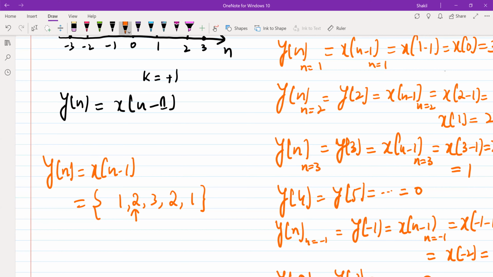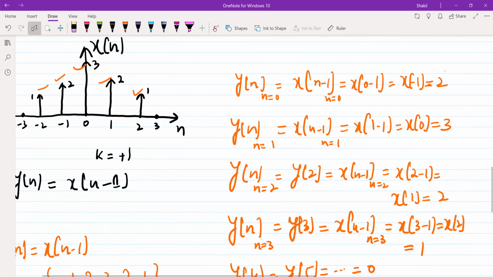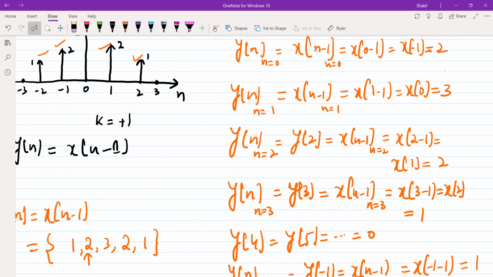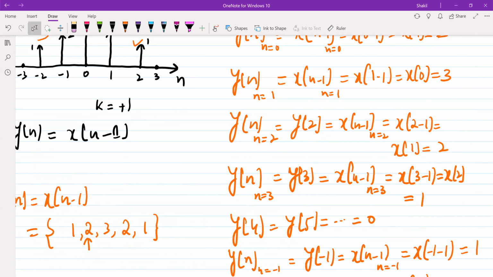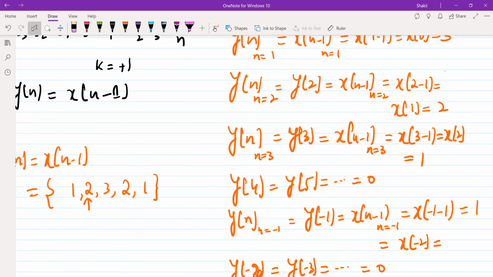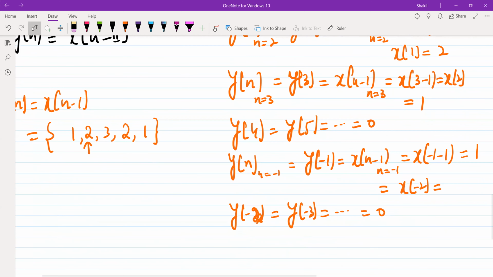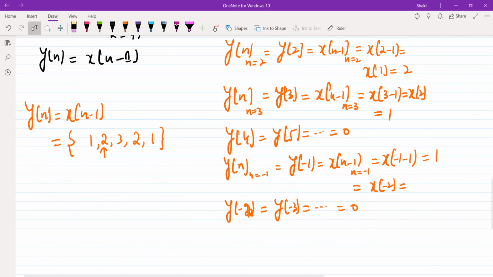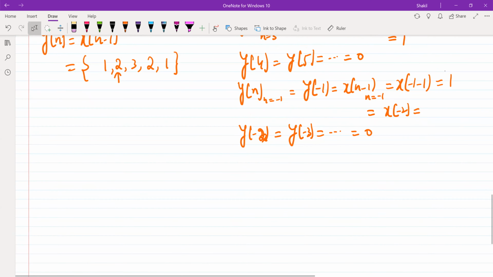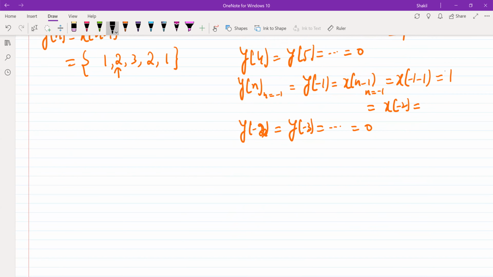So y of 0 is 2, y of 1 is 3, y of 2 is 3, y of 3 is 1, and so on. And y of minus 1 is 1. And the rest of the samples are 0. So this is my signal when k was equal to 1, meaning when we put k equal to 1.